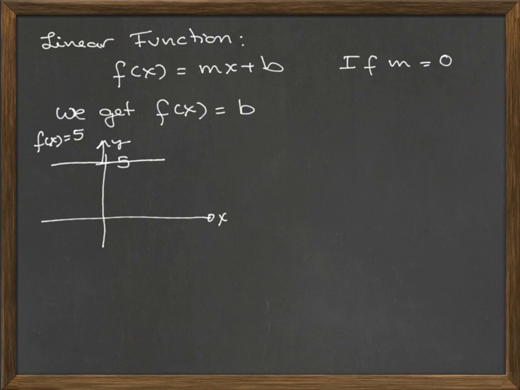So f of x equals b is called a constant function.